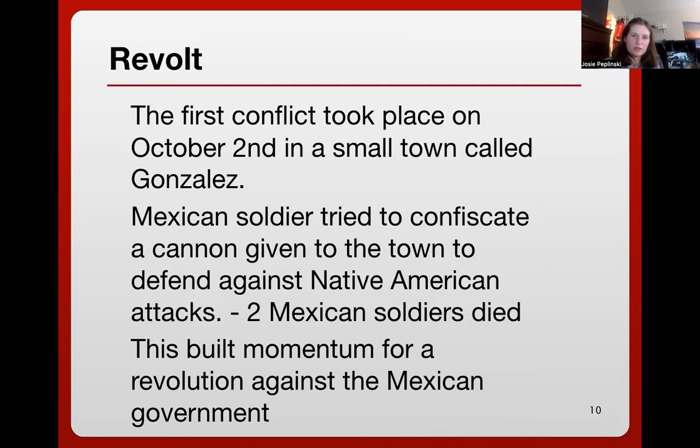The first revolt and conflict took place on October 2nd in a small town called Gonzales. A Mexican soldier tried to confiscate a cannon given to the town to defend against Native American attacks. 2 Mexican soldiers died. This built momentum for a revolution against the Mexican government.